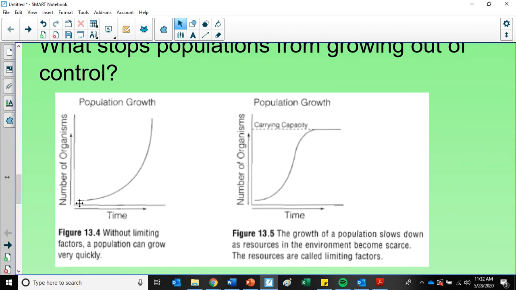Here you can see growth on some organisms where they start off very, very low, and over time they start to pick up, pick up, pick up, and they start to go very, very fast, and the number of organisms starts growing very, very fast. It's like 2 times 2 is 4, 4 times 2 is 8, and 8 times 2 is 16, and we're going faster, faster.